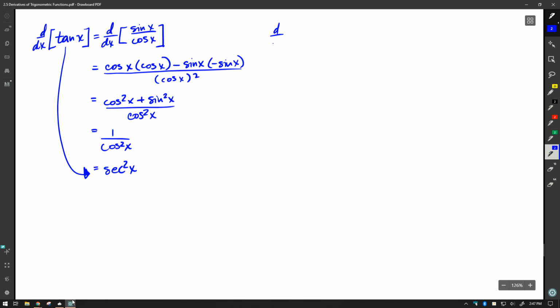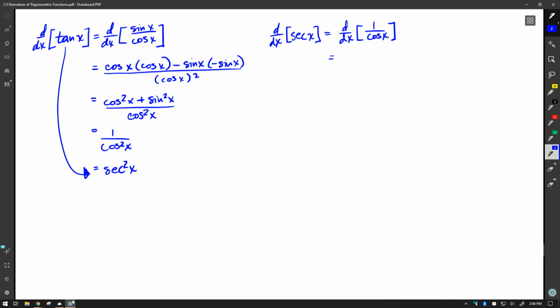Let's say now I'm interested in the derivative of the secant function, secant of x. Well, we know from reciprocals, just as we used a while ago, that the derivative of secant could be written as the derivative of 1 over the cosine function. And I'm going to attempt to find this derivative using the quotient rule.